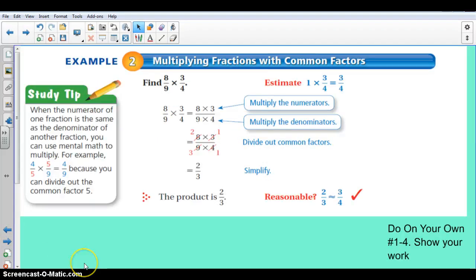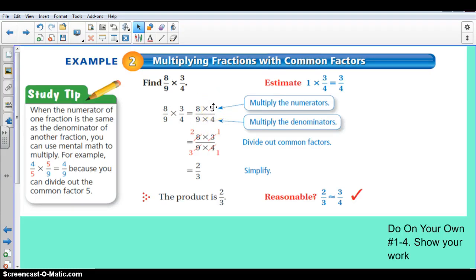It says multiplying fractions with common factors. And this is what they talked about in the video. In this problem, you have 8/9 times 3/4. So here it is right here. They went across, did 8 times 3, 9 times 4. Now they looked at this and they said, are there any common factors between the 8 and the 4? Remember, one numerator, one denominator.